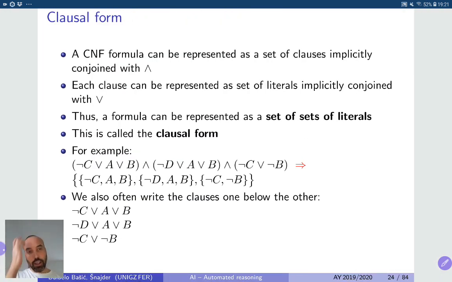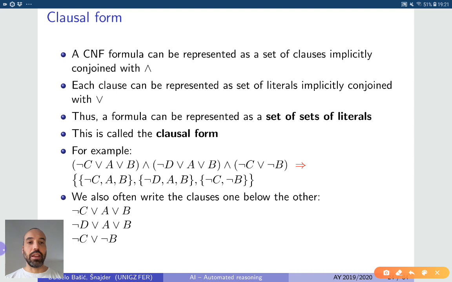So a CNF formula can be represented as a set of clauses where we implicitly assume that there is an AND operation in between them, and then in turn each clause can be represented as a set of literals where we implicitly assume that there is an OR operator between them.